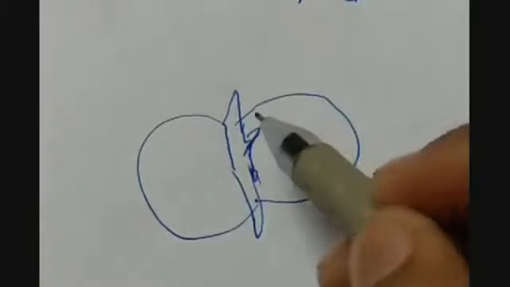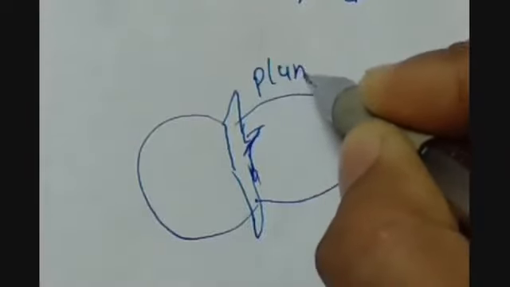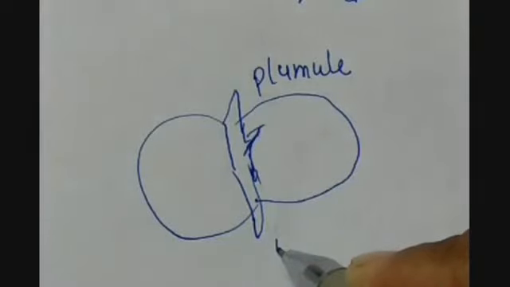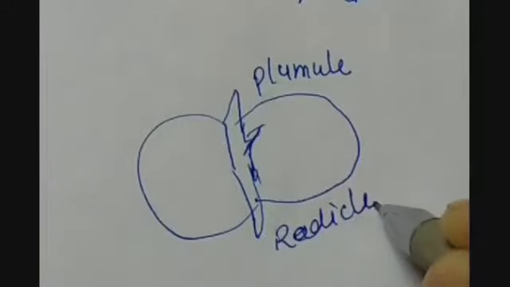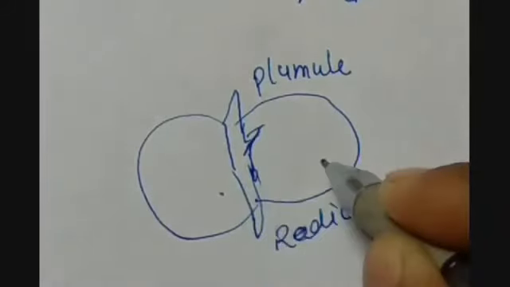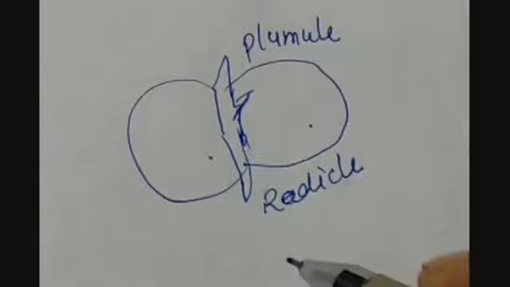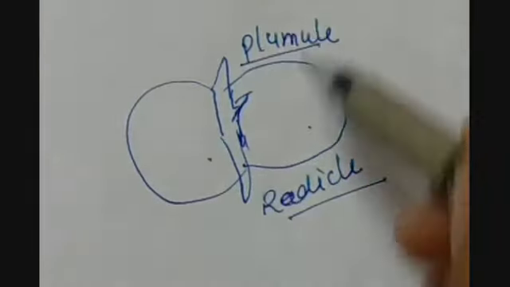Here, actually, the developing shoot is called the plumule and the developing root is called the radicle. These two are the cotyledons. So this is how the seed gets germinated. It develops its roots and shoots and starts growing.